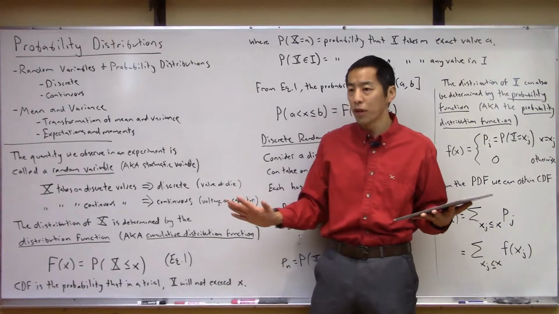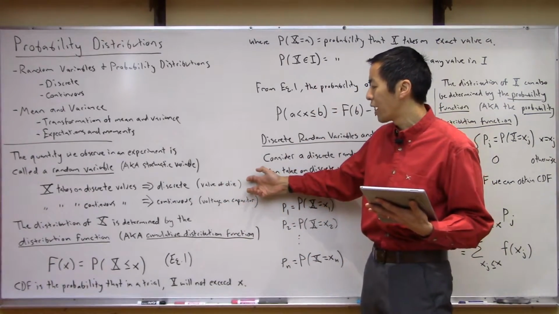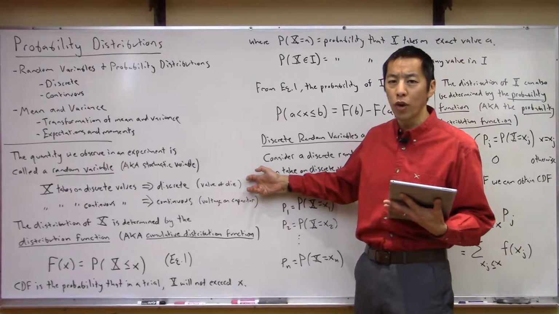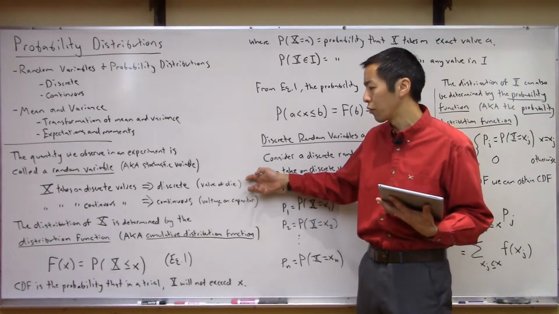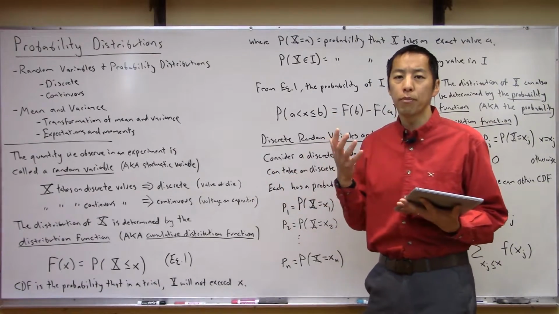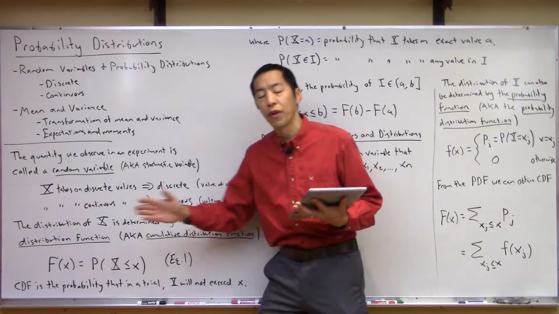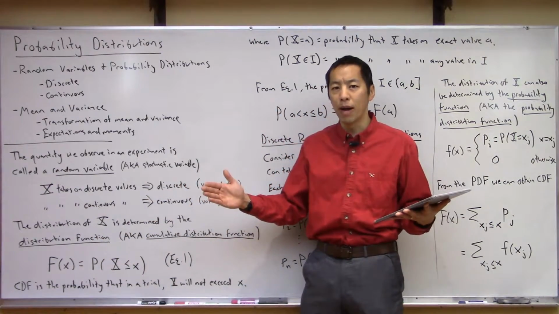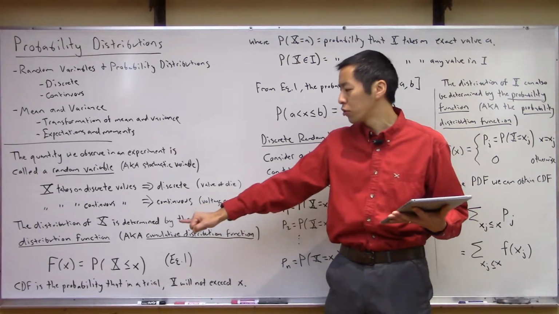With that nomenclature out of the way, we know that this variable is random, and it's possible that some values are more likely than others. The way we describe that is that the distribution of X, of how those values might come out in a given trial, is determined by what's called the distribution function.